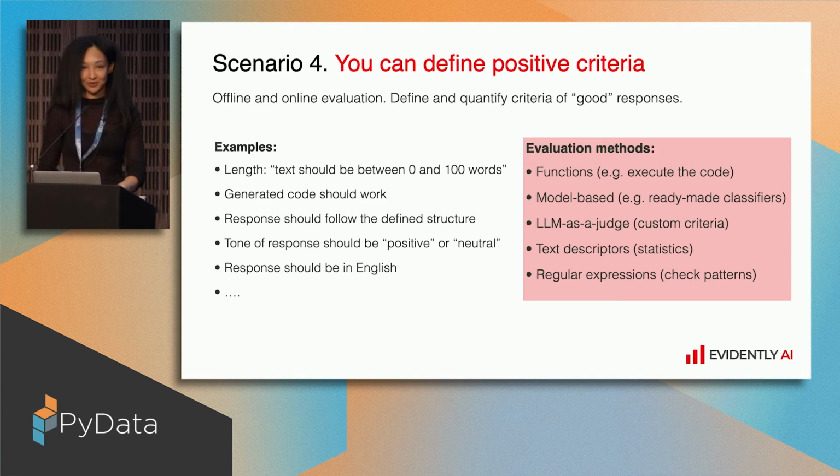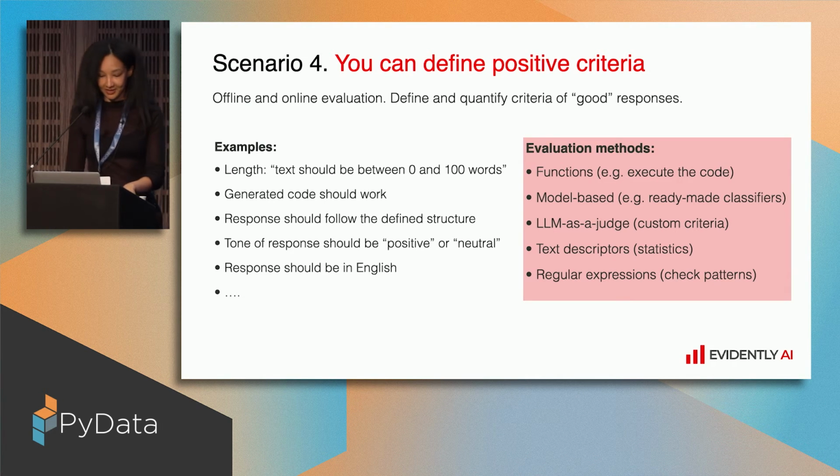So now moving on to other options. If you cannot really create the quality metric, but you know what is the positive criteria, which says that this response is likely good, then you can build your evaluation on top of these positive criteria.